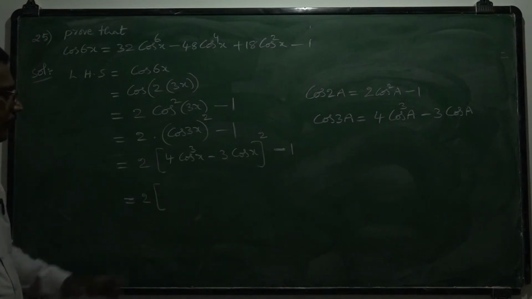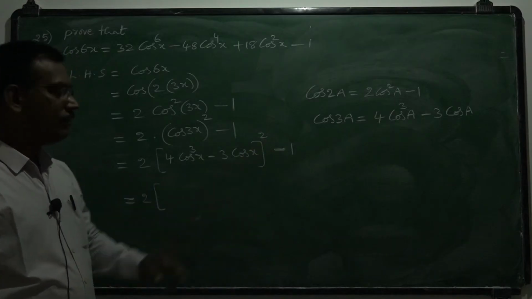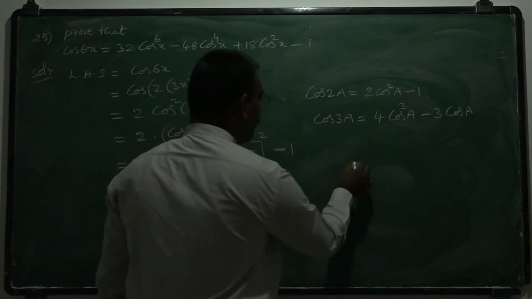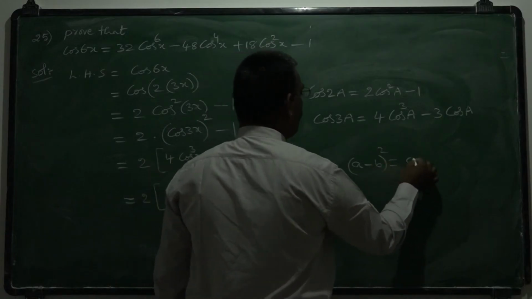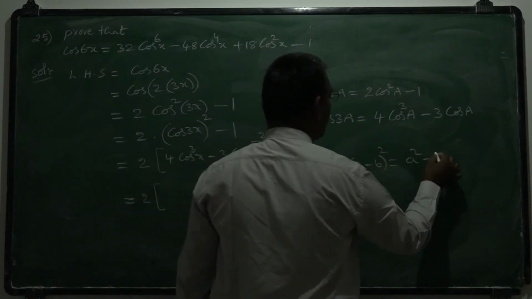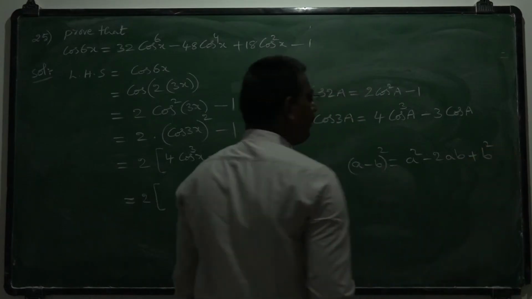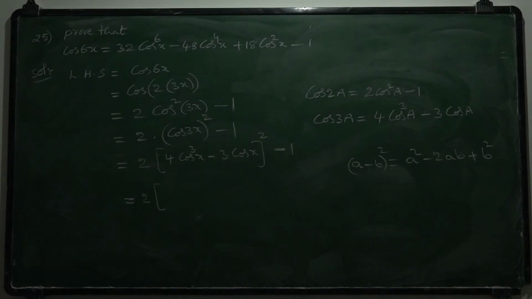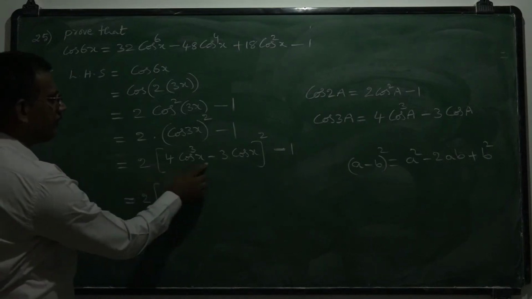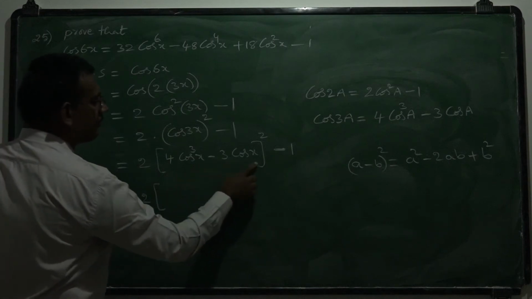That is equal to 2 times of, so this is in the form of a minus b whole square. Using the formula, a minus b whole square is equal to a square minus 2ab plus b square. Here a is 4 cos cube x and b is 3 cos x.